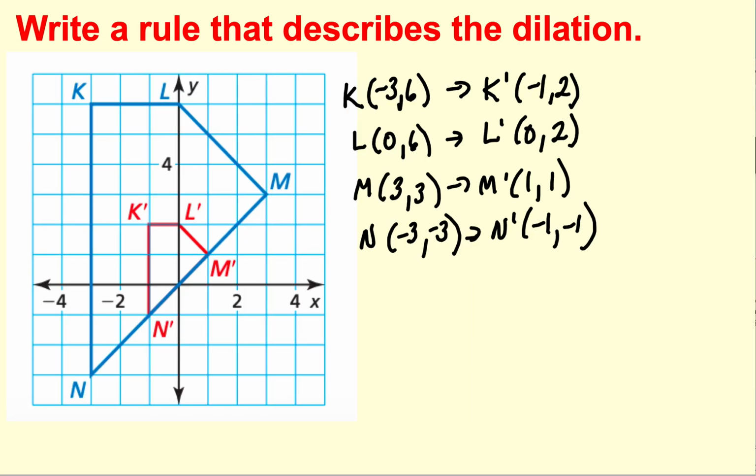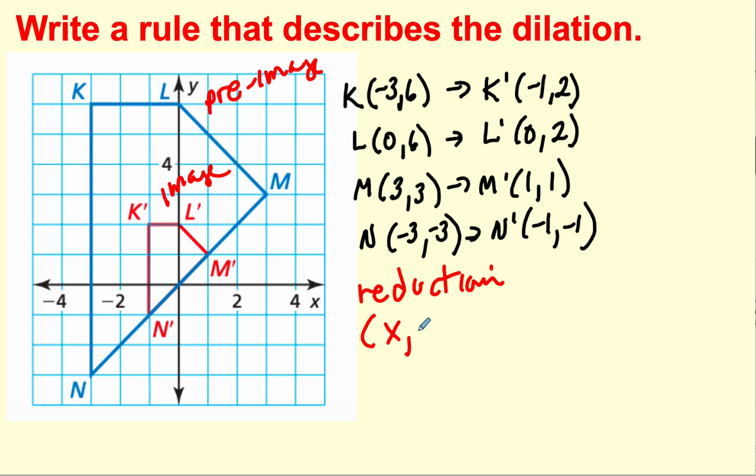All right, let's take a look at this. We see that the original, this is the pre-image because it doesn't have any primes in it, and I can see that the prime here is the image. Now this definitely is a reduction. So I'm probably multiplying by a number between 0 and 1. So this will be x, y maps to, and I'm going to compare how x changes.